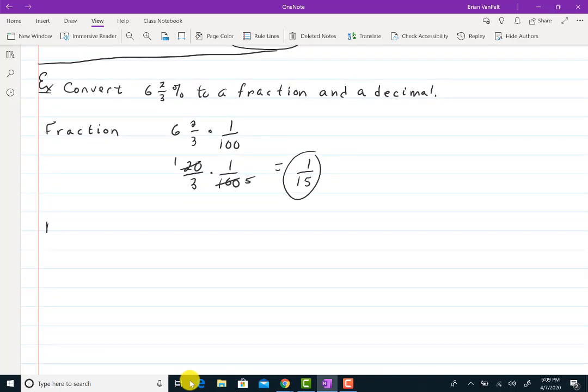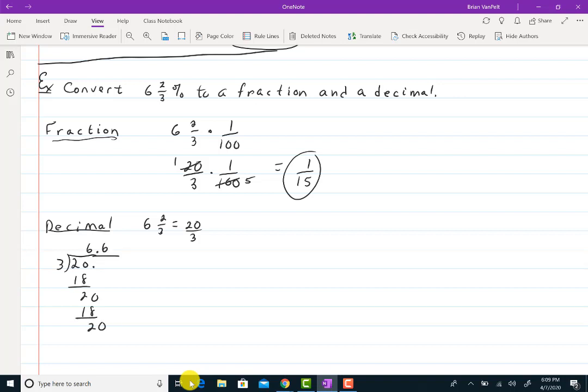Now as a decimal, you might find it difficult to move the decimal place to the left when you don't have a decimal to begin with. So what we'll do instead is 6 2/3 equals 20/3. And so what I'm going to do is convert that to a decimal. 3 goes into 20 6 times, and then I'll convert to a decimal and bring down a 0. 3 goes into 20 6 times again.